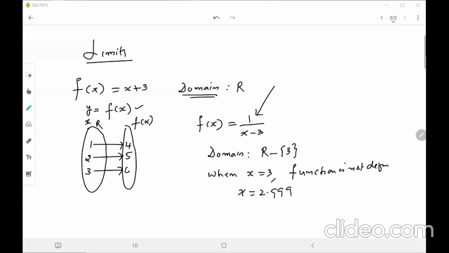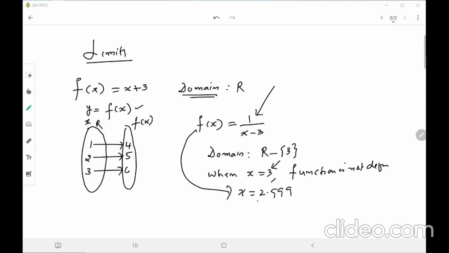Correct? So based on this value, even though I cannot find the exact value of this function at x equal to 3, I can evaluate the function when x is equal to 2.999, etc. Correct? There is no difference between 3 and 2.99. They are almost the same. Therefore, I can predict the nature of this function using 2.999 instead of x equal to 3.